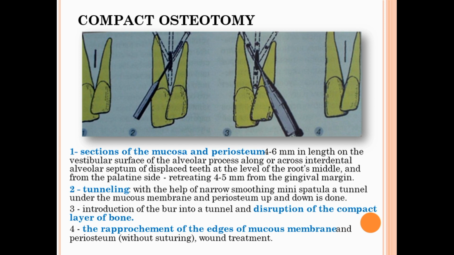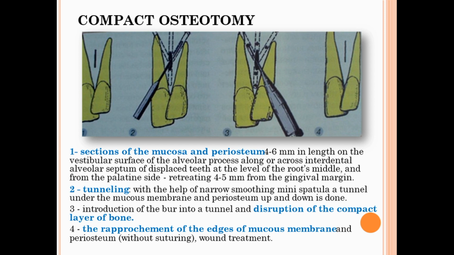The first stage: sections of the mucosa and periosteum 4-5 mm in length on the vestibular surface of the alveolar process along or across the interdental alveolar septum of displaced teeth at the level of the roots' middle, and from the palatine side retreating 4-5 mm from the gingival margin.